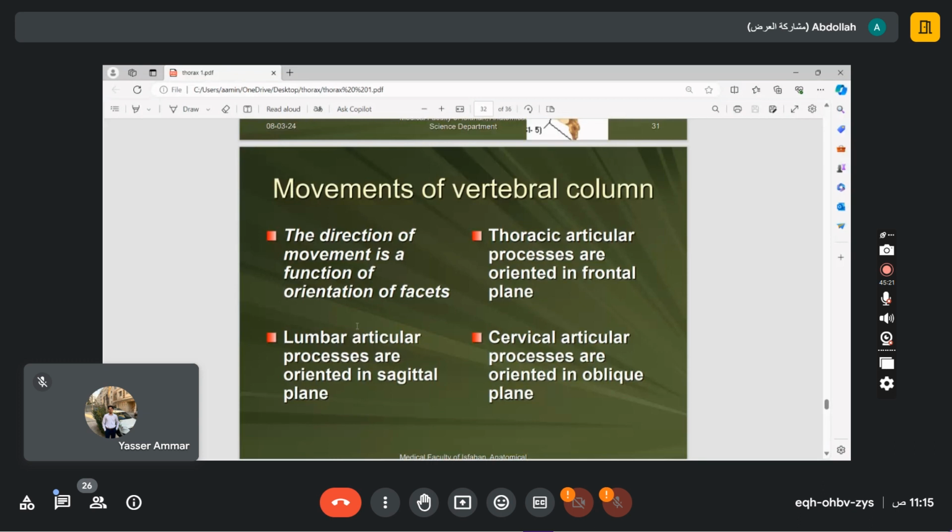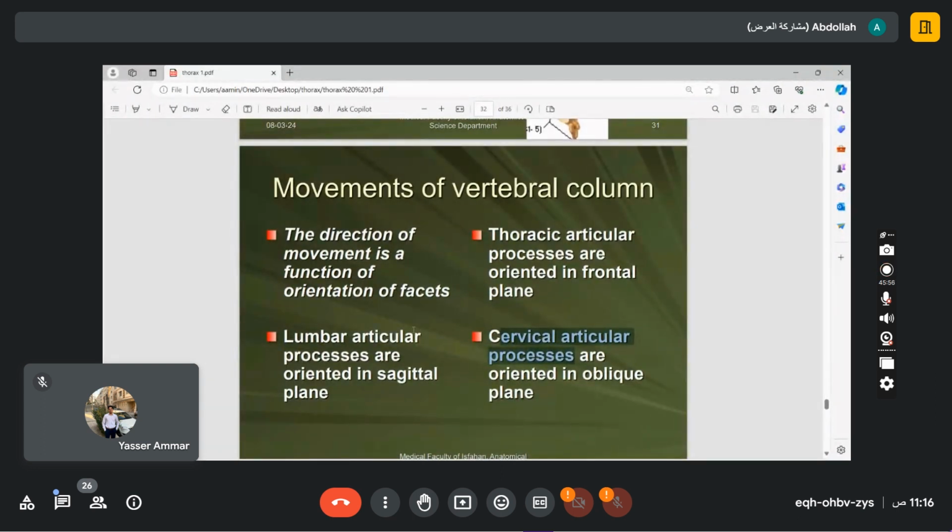Okay, do you know movement of the vertebral column is related to the facets of the articular process. For example, in the lumbar part, the articular processes are oriented in the sagittal plane. In the thoracic part, the articular processes are oriented in the frontal plane. In the cervical region, the articular processes are oriented in the oblique plane.